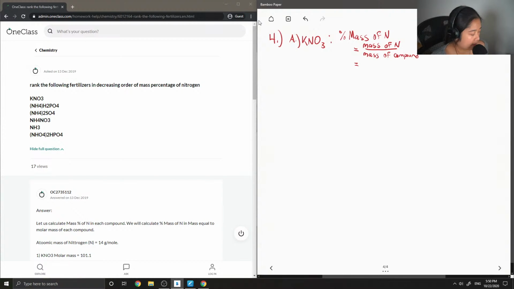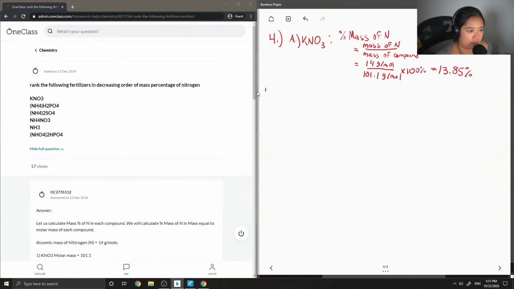So let's look at A. There's only one nitrogen, and the molar mass of nitrogen is 14 grams per mole. And then the mass of this entire compound is 101.1 grams per mole. So therefore its percentage, if you were to multiply all of this by 100%, is equal to 13.85%.